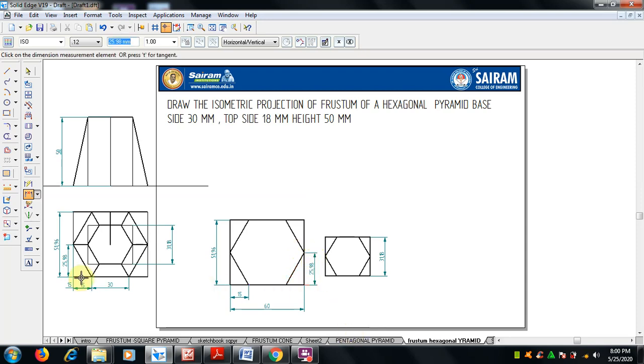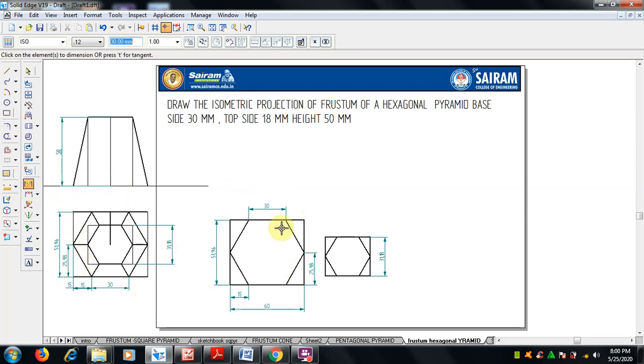It is 25.98, and this is 15, this total is 60, and this is 30. The base we have drawn is 30. Clear? This is the base, the outside base.